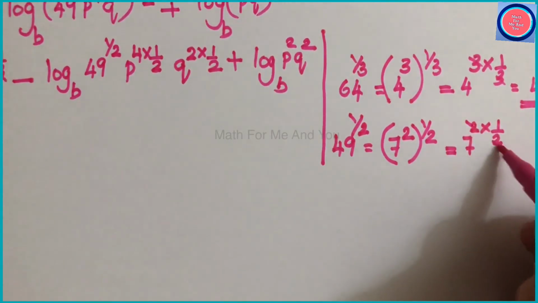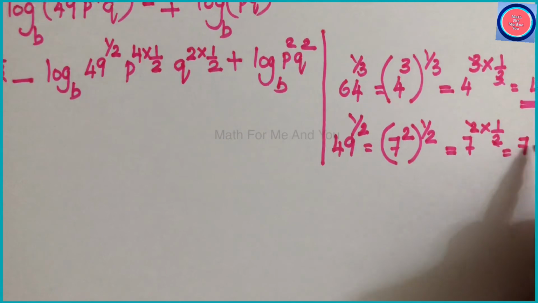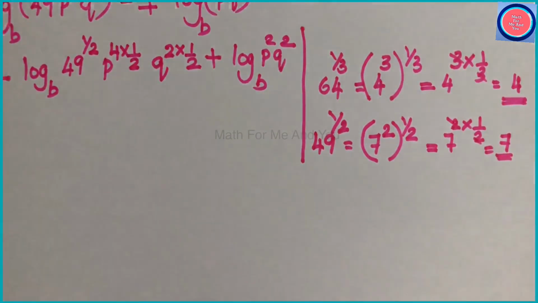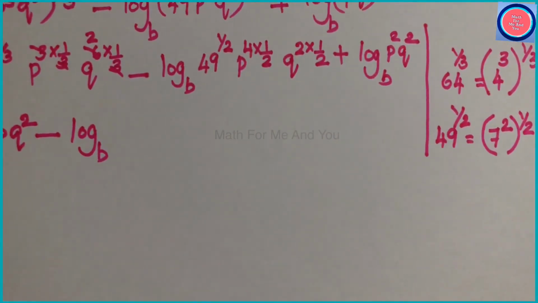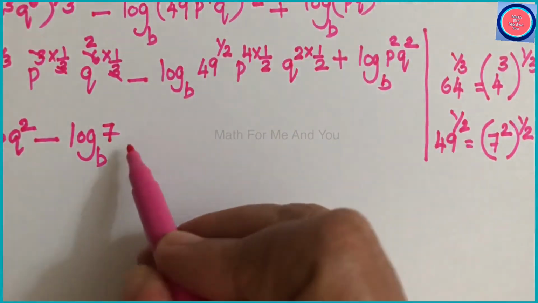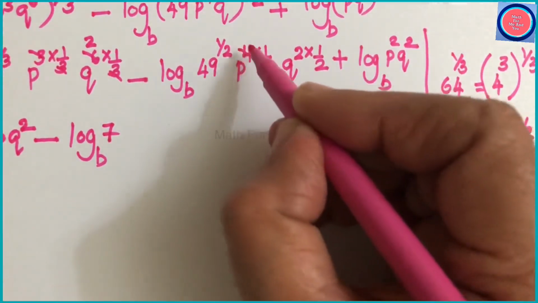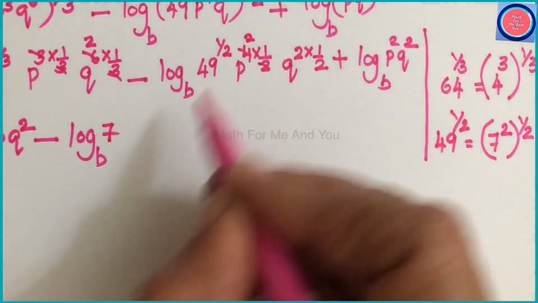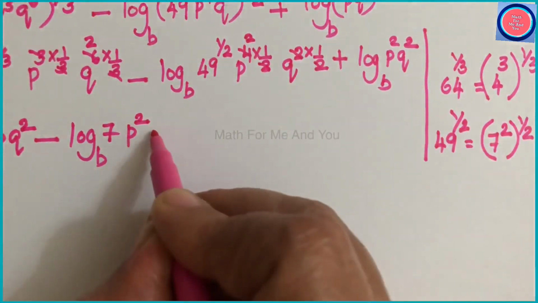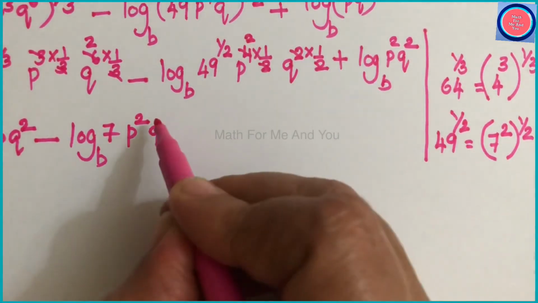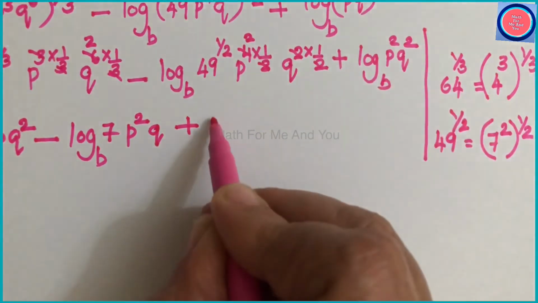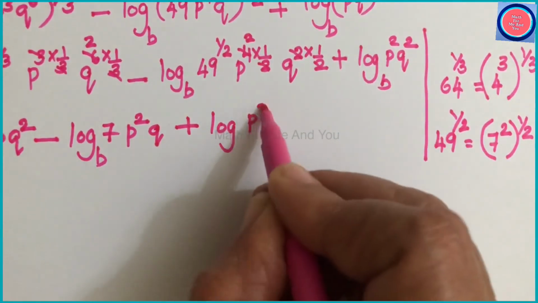We get 7. So 49 power 1 over 2 is equal to 7, and we write 7 in its place. P power 4 times 1 over 2 gives p power 2. Then q power 2 times 1 over 2 is q. Plus log p square q square, the same, we write to the base b.